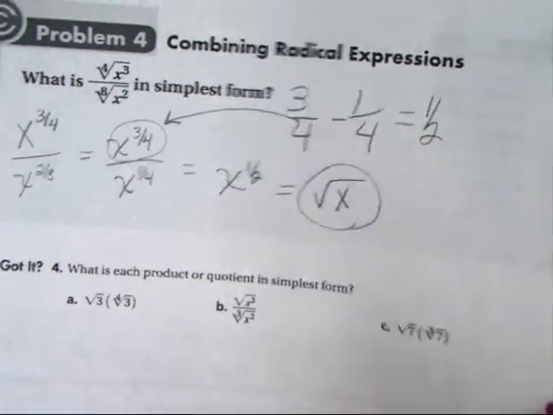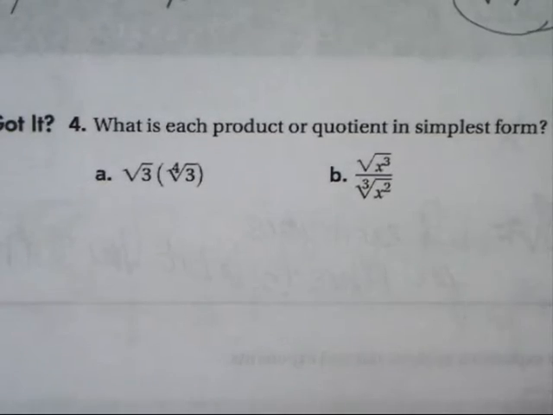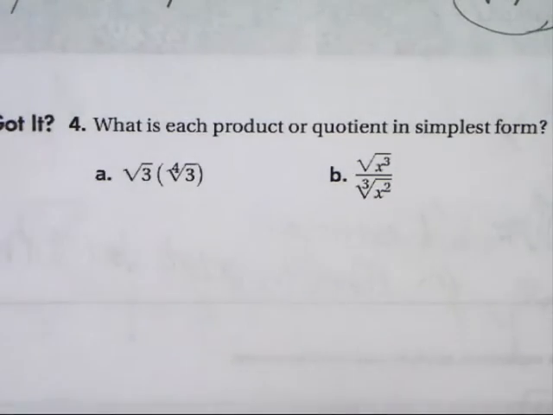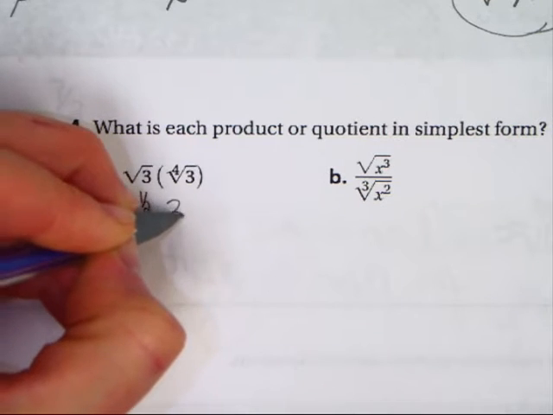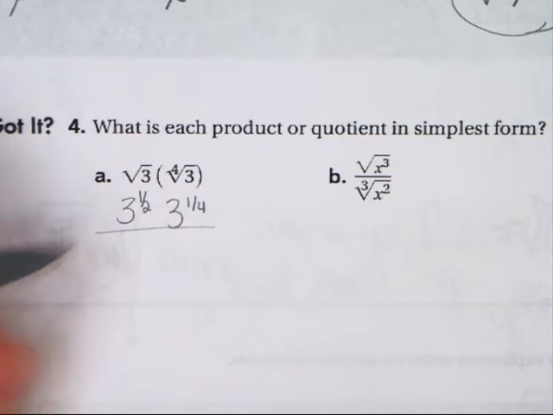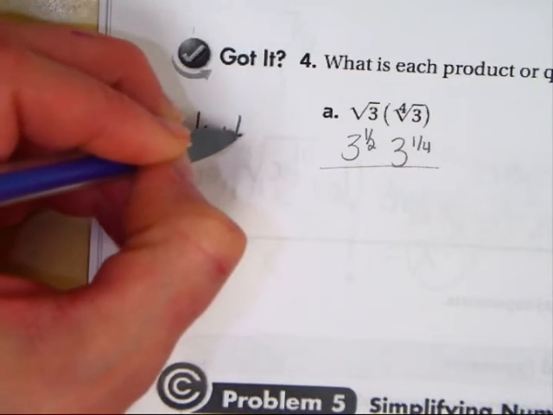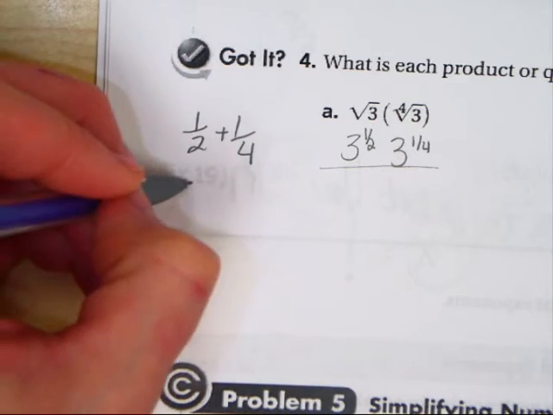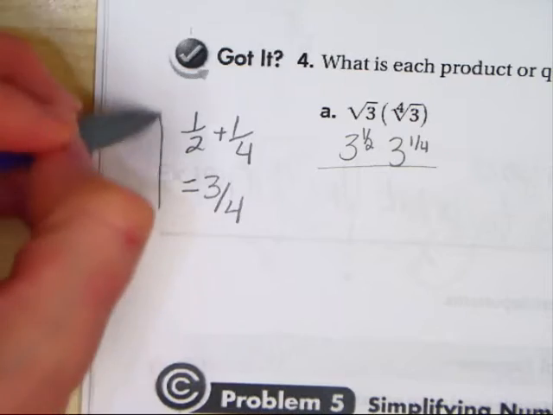What is the following in simplest form? Alright, step 1, change it to a fraction. This is 3 to the 1/2. This is 3 to the 1/4. Because they're on the same level, I'm going to add 1/2 and 1/4, and I will get 3/4.